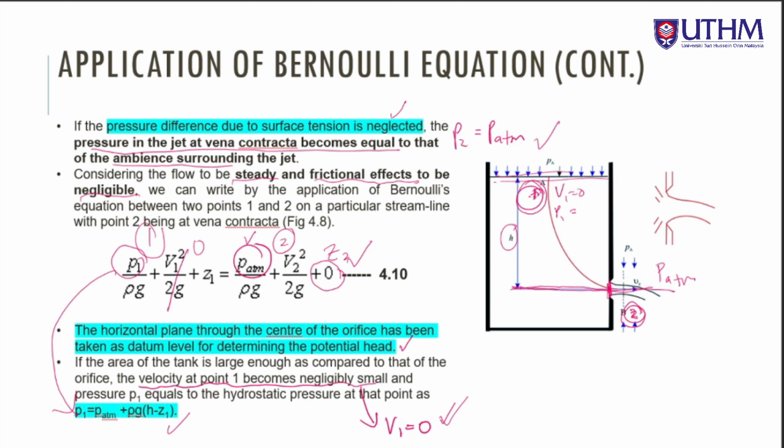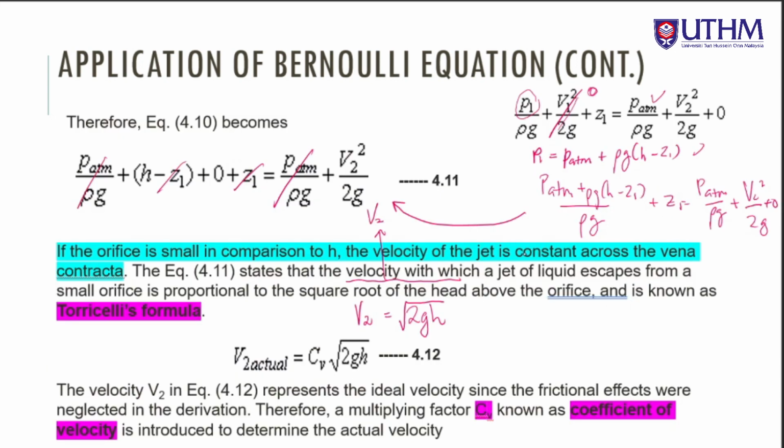So Z2 starts from 0. That's why Z2 is 0. Okay. So this one is 0. Okay, so once we substitute, we will get this.